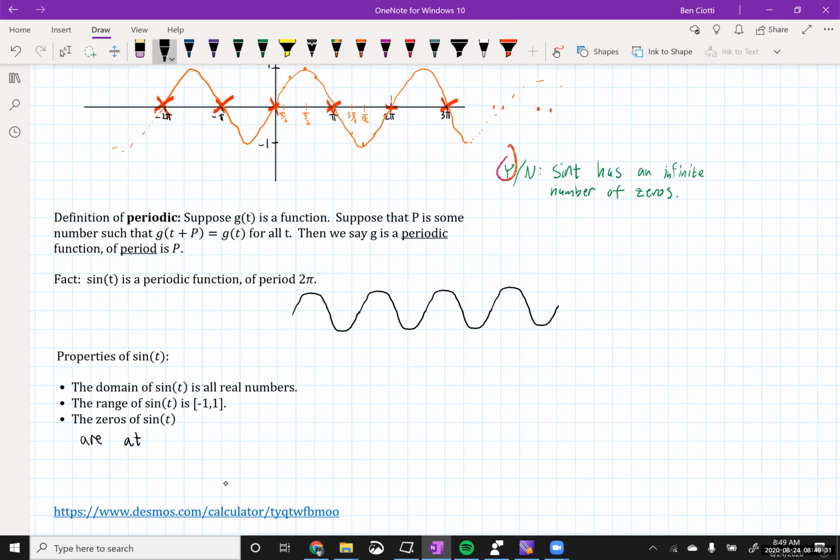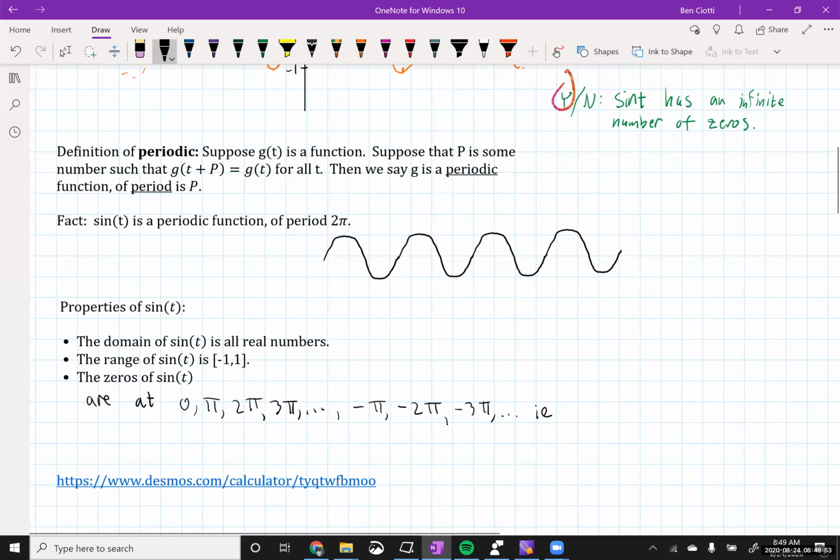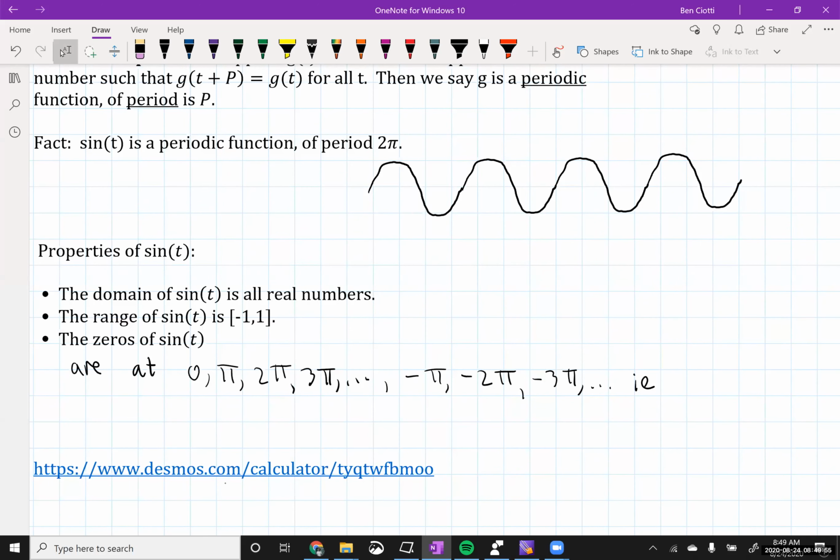Well, they're at 0 and pi and 2 pi and 3 pi, and so forth, and also negative multiples of pi, like negative pi, negative 2 pi, negative 3 pi, etc. I could more compactly describe all the zeros as follows.